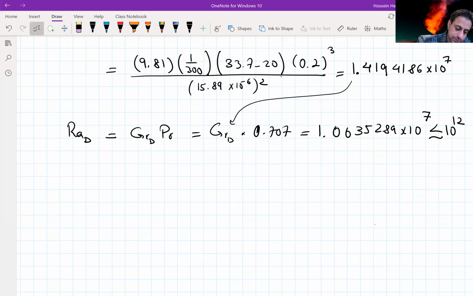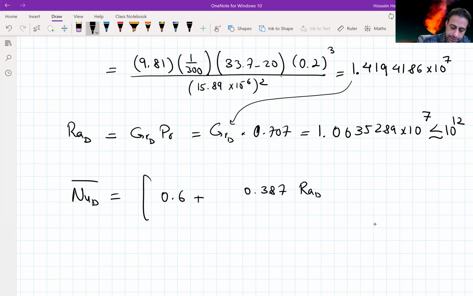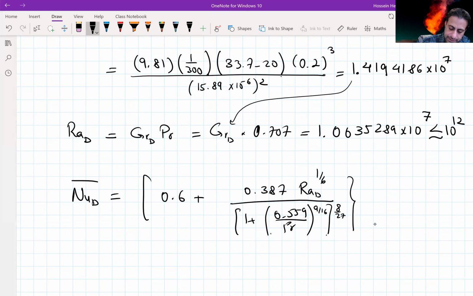So we can use the correlation given for a horizontal cylinder, which is 0.6 plus 0.387 Rayleigh D to the power of 1/6, divided by 1 plus 0.559 over Prandtl, everything to the 9/16, this guy to the 8/27, and to the power of 2. Now replacing the Rayleigh number here, and Prandtl is 0.707.